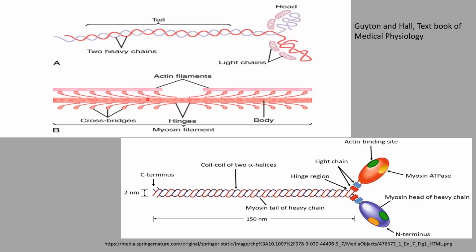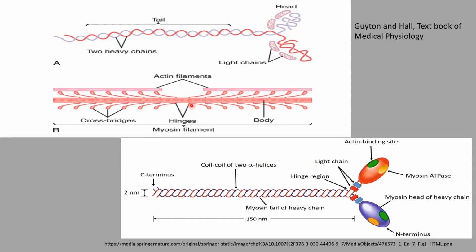And the myosin tails, many of them, bundle together and form the body. This is called the body. So, the hinge: the head comes out from the body, and that portion is the hinge.